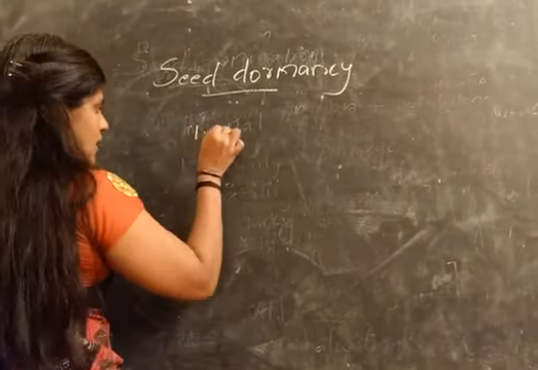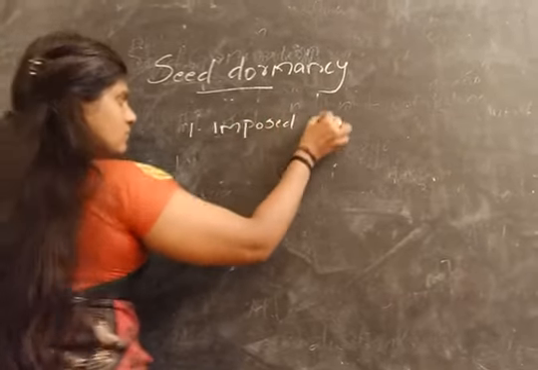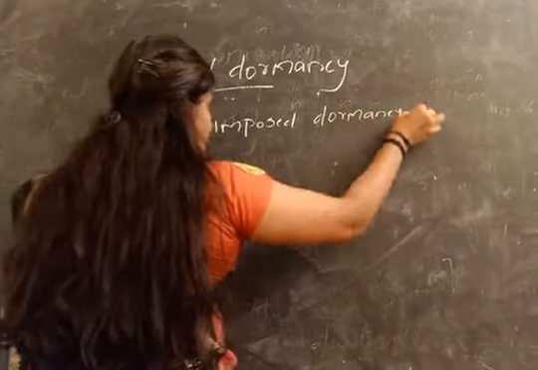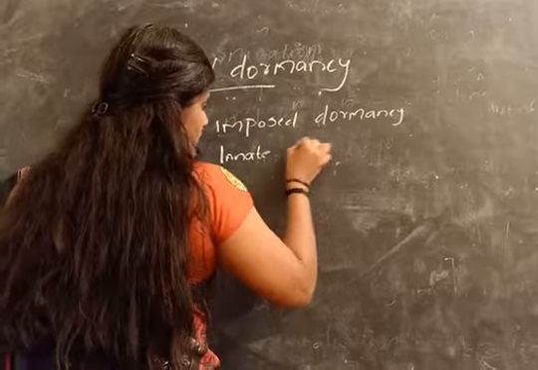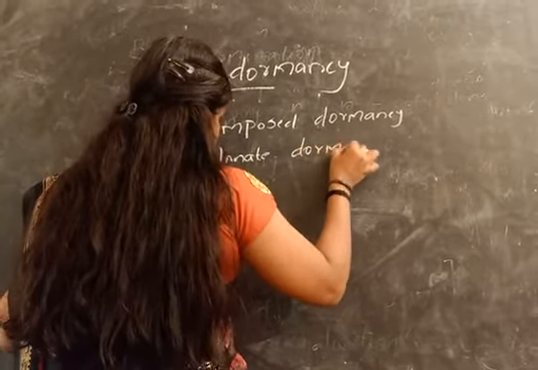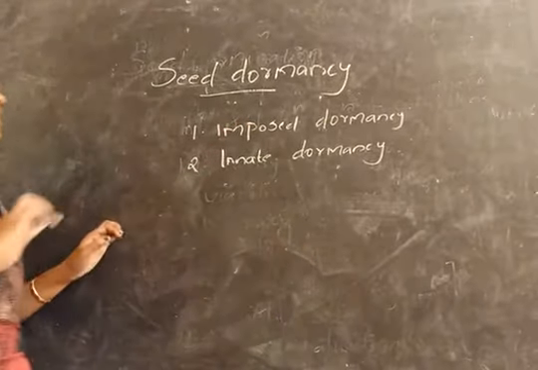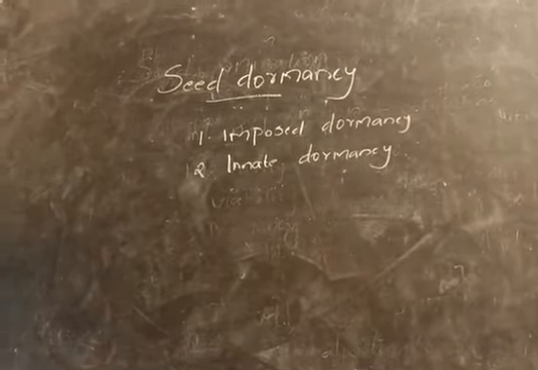There are two main reasons for the development of dormancy. First one is imposed dormancy. Second one is innate dormancy. So the reason for dormancy can be imposed dormancy or innate dormancy.